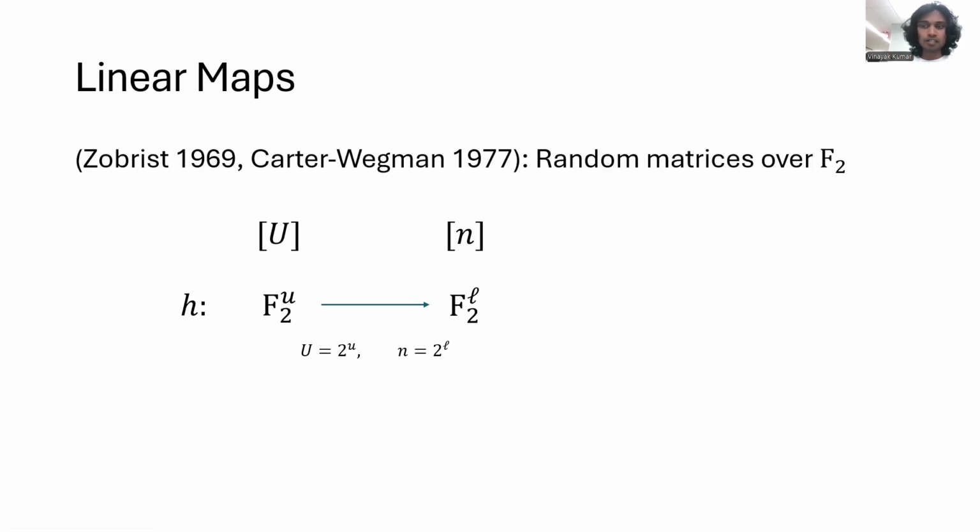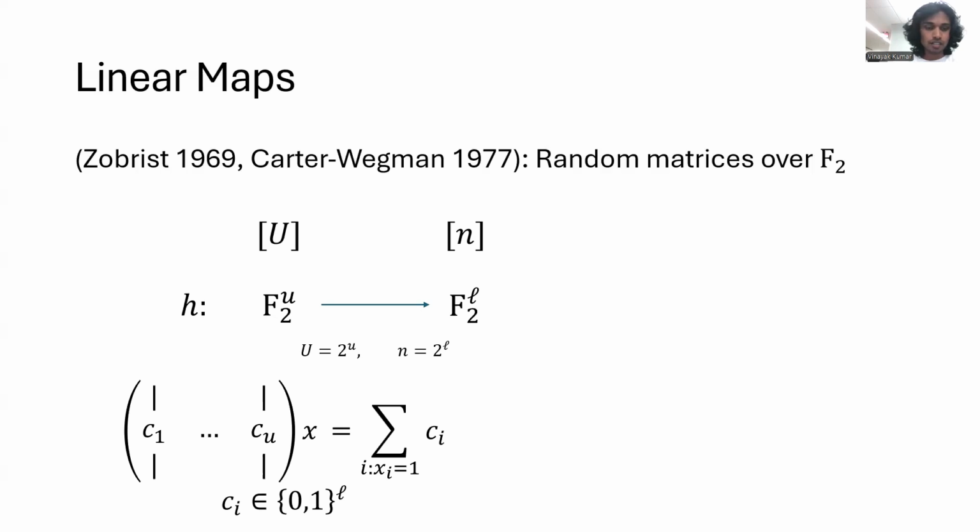One way of thinking about this is a random matrix. I can think of storing U columns, C1 through CU, and then X is just going to map to the left matrix multiplication against this column matrix. Or in other words, X will map to the sum of the columns corresponding to where X sub i is equal to 1.